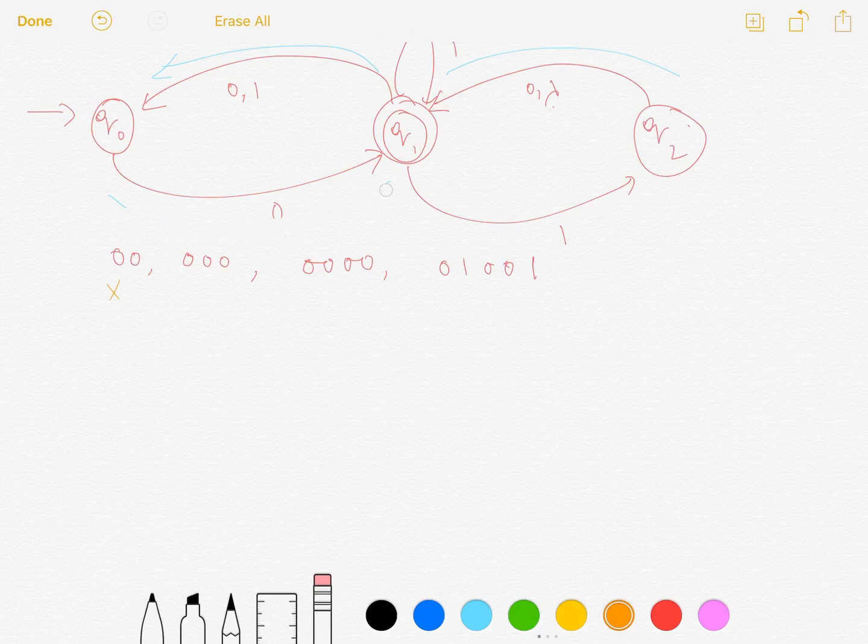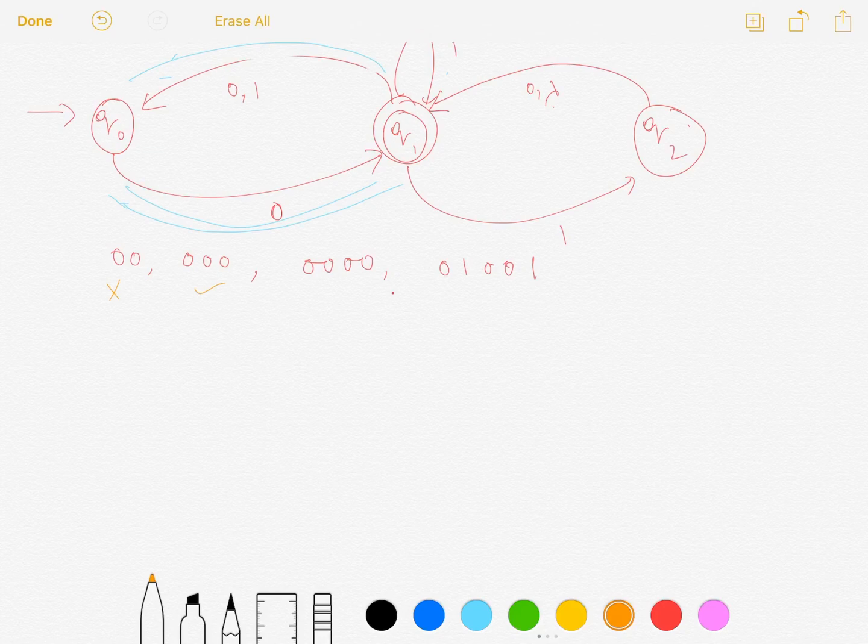Now, let us consider 000. After accepting a 0 by Q0, where will it go? It goes to Q1, and then with another 0 it goes to Q0, and with another 0 it comes to Q1. That means this string must be accepted by this machine.